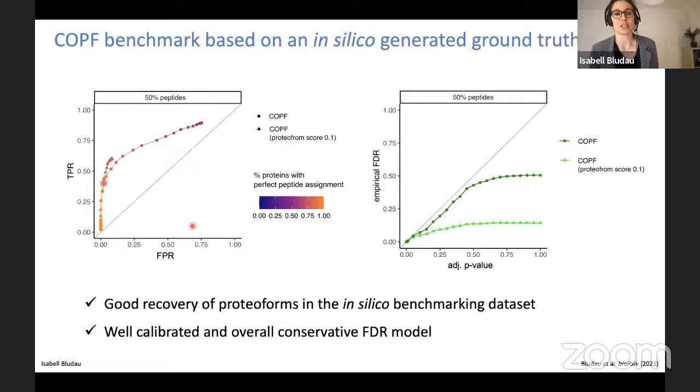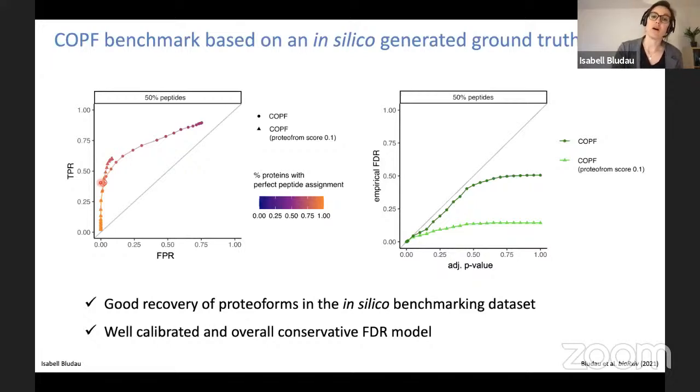Just very briefly, I don't want to spend too much time on this, but we benchmarked the COPF strategy based on an in silico generated ground truth data set. The reason why we had to generate something in silico is because there is no good ground truth data set where we know exactly what proteoforms exist. But in our in silico benchmark set, we could see that we get a reasonable true positive rate at low false positive rates.